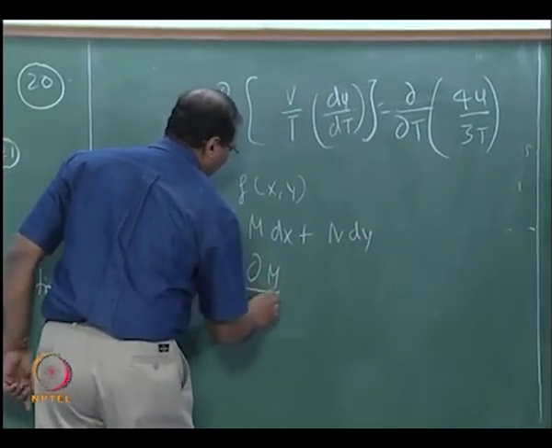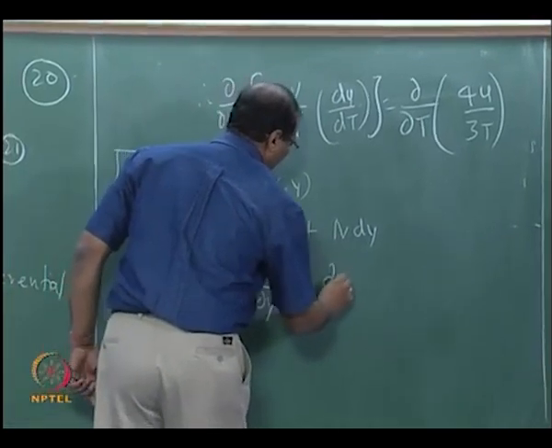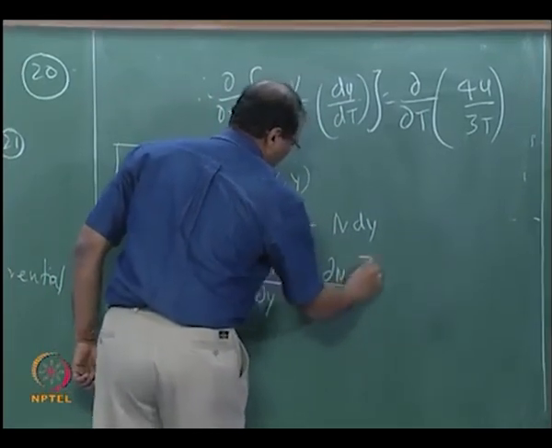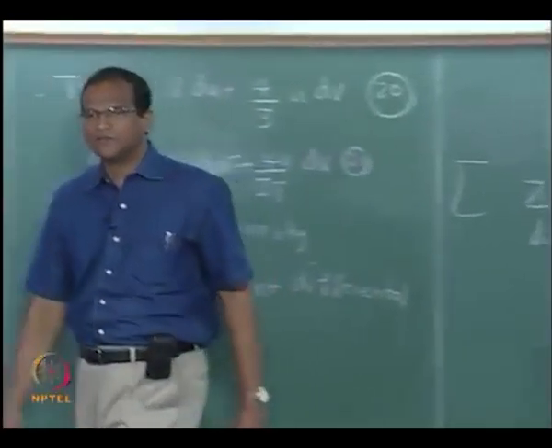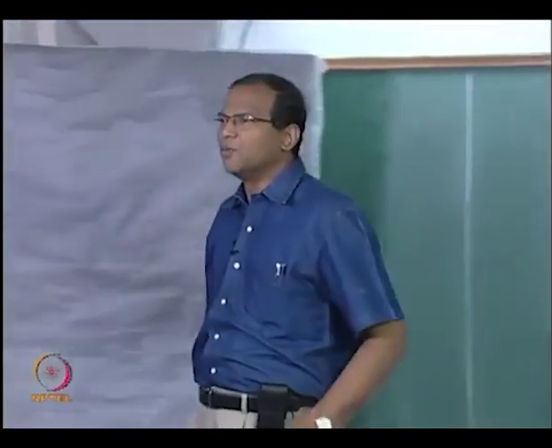So dou M by... is it correct? Did I make any mistake? It's fine. We are exploiting the property of an exact differential. We have done that in our ME 1100 introduction, the basic thermodynamics course.